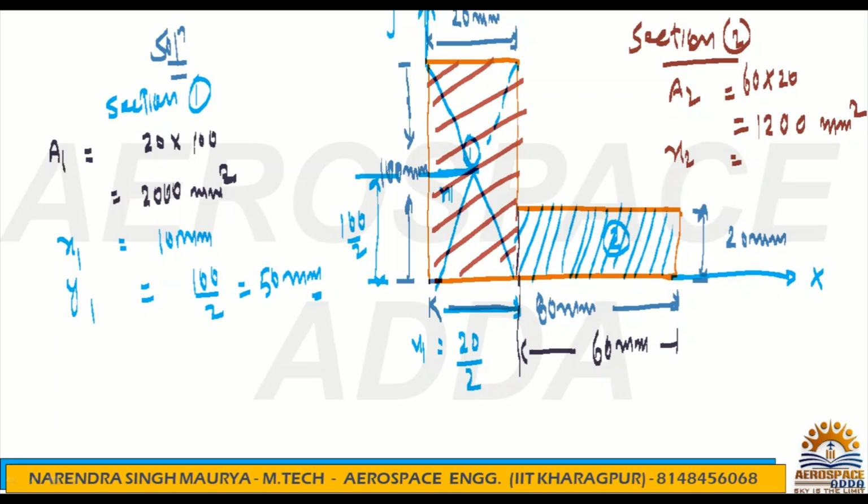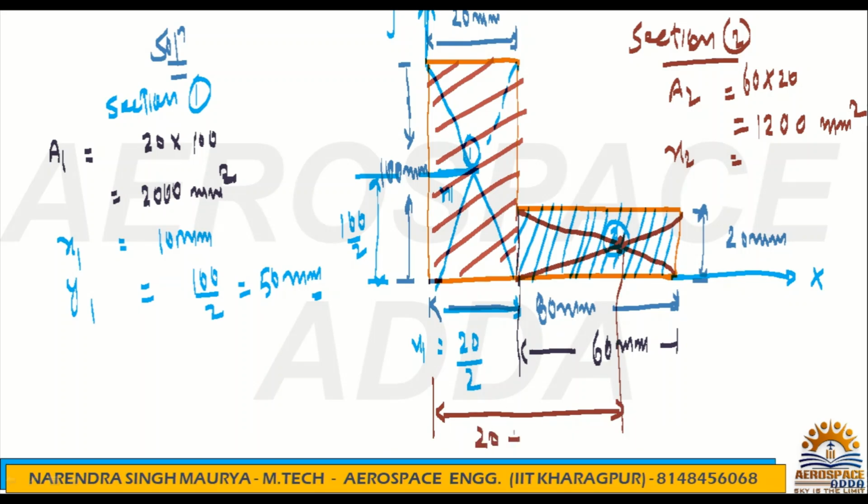The CG location of section 2 is somewhere here, and this distance from the reference is x2. So x2 is 20 plus 60 by 2, that means 30, so 50 mm.